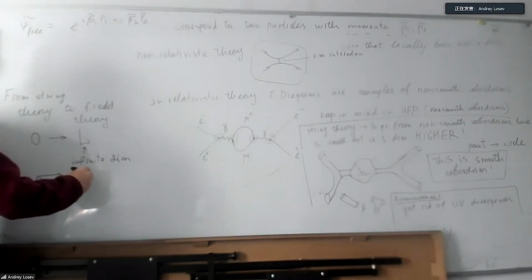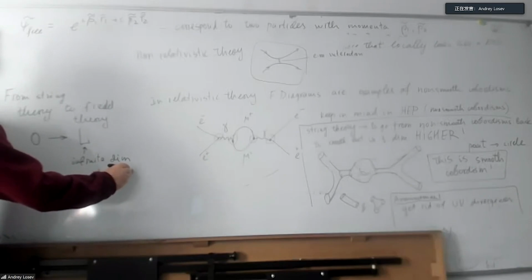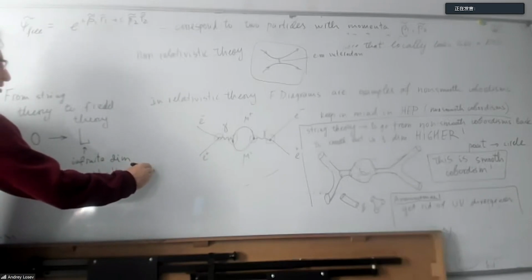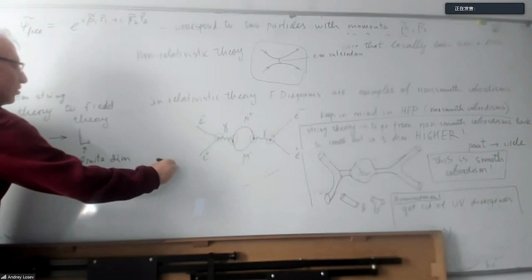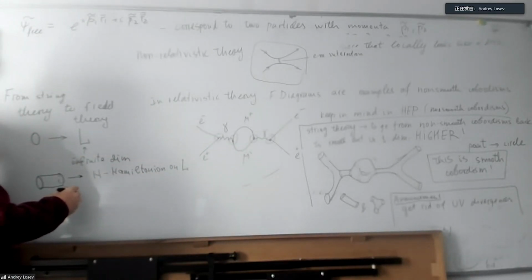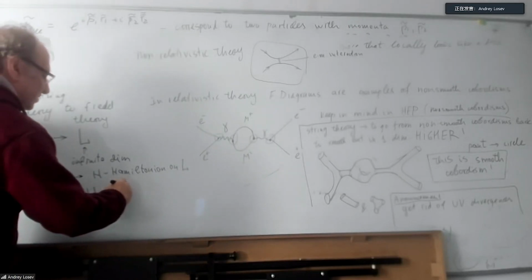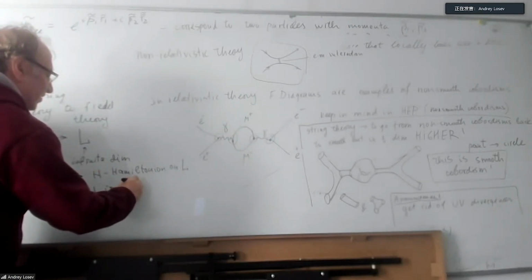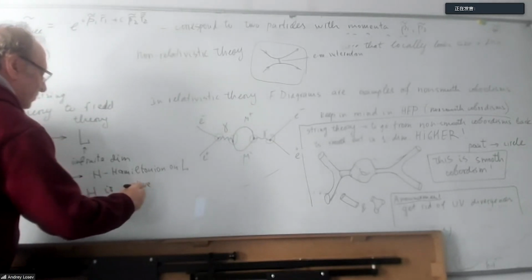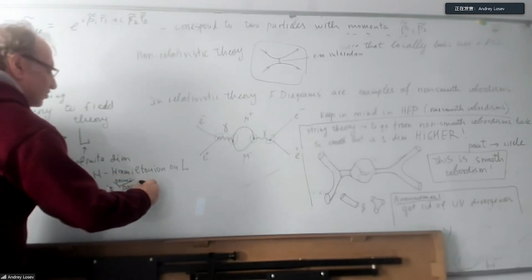We associate to a cylinder H, that is called the Hamiltonian, on L. Now, it happens that H is positive, is semi-positive. So it has a spectrum.